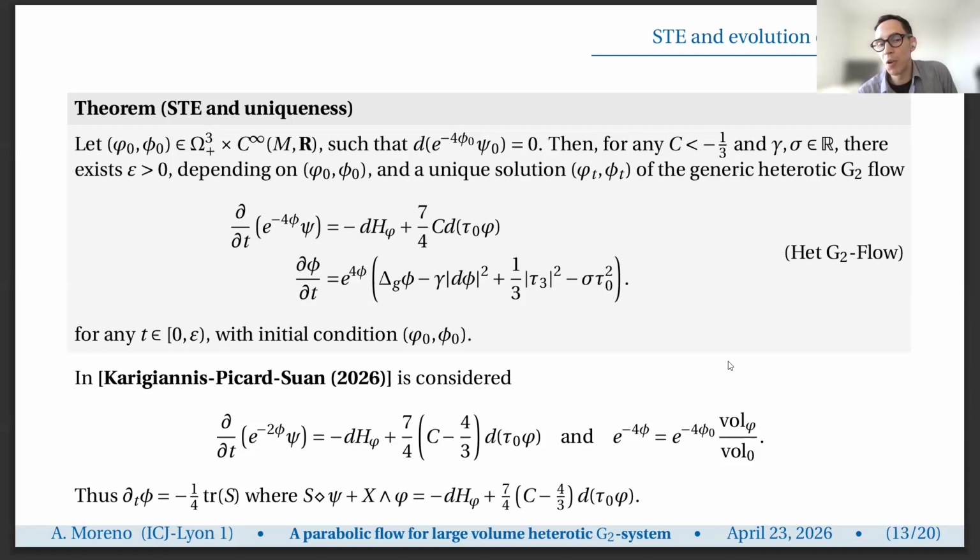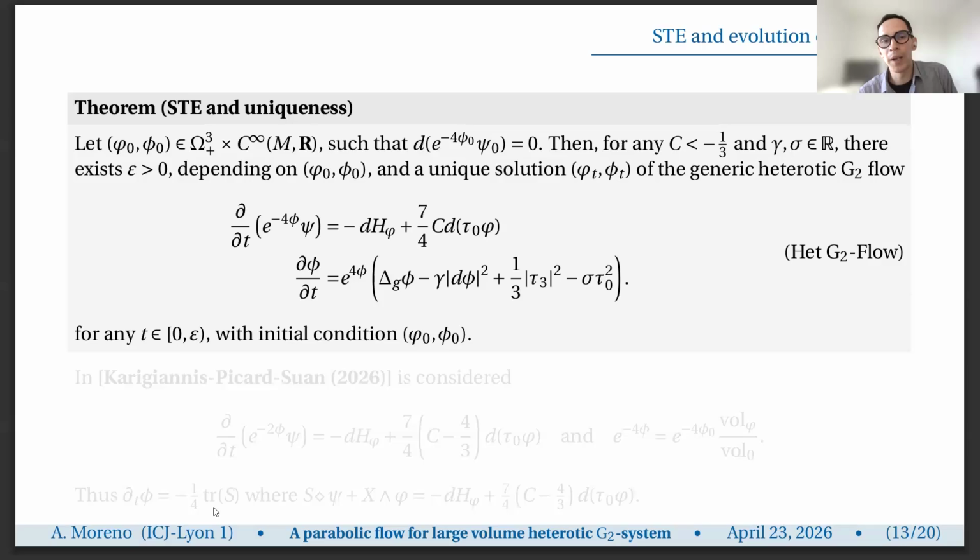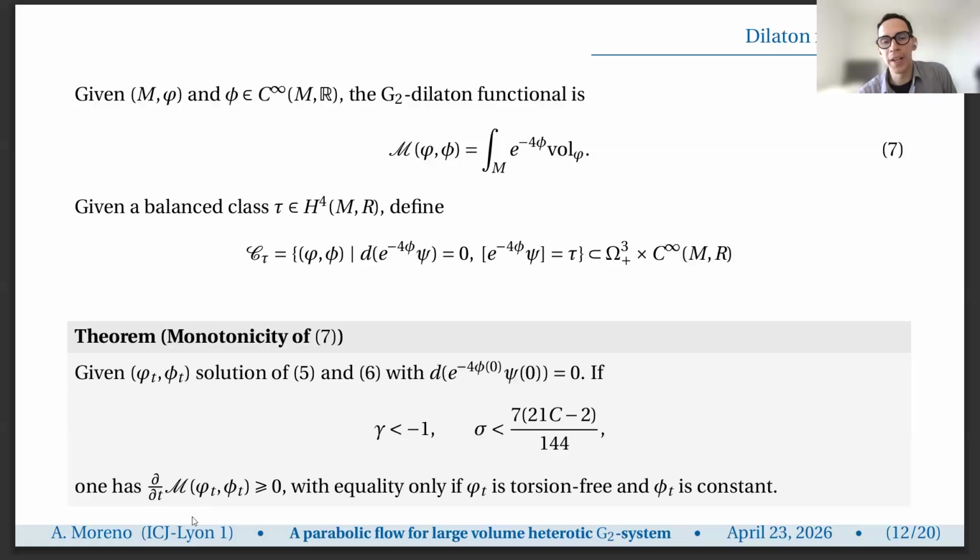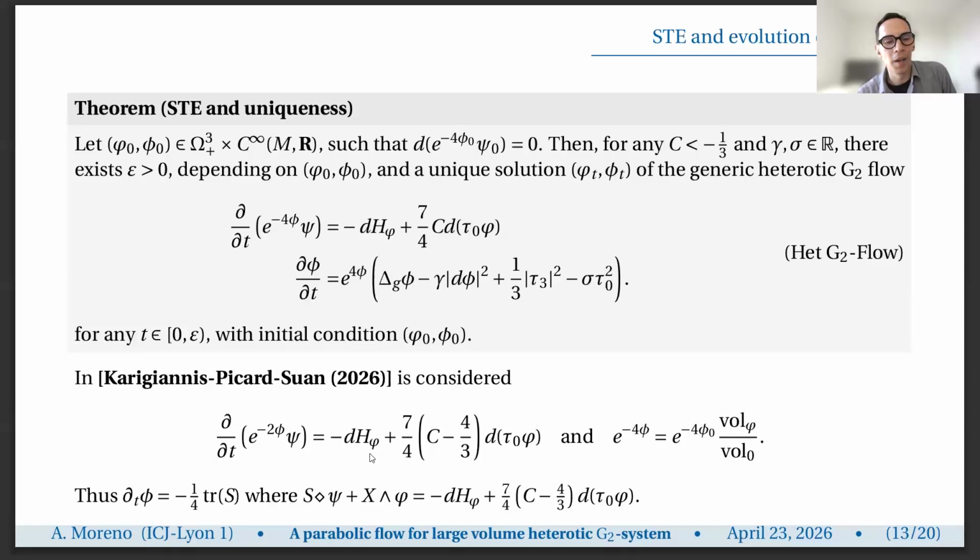But for instance, I don't know if this dilaton evolution is in the range of our flow that makes the G2 dilaton functional monotonic along the solutions. That is something that I don't know, but I just wanted to make this remark about this other paper.